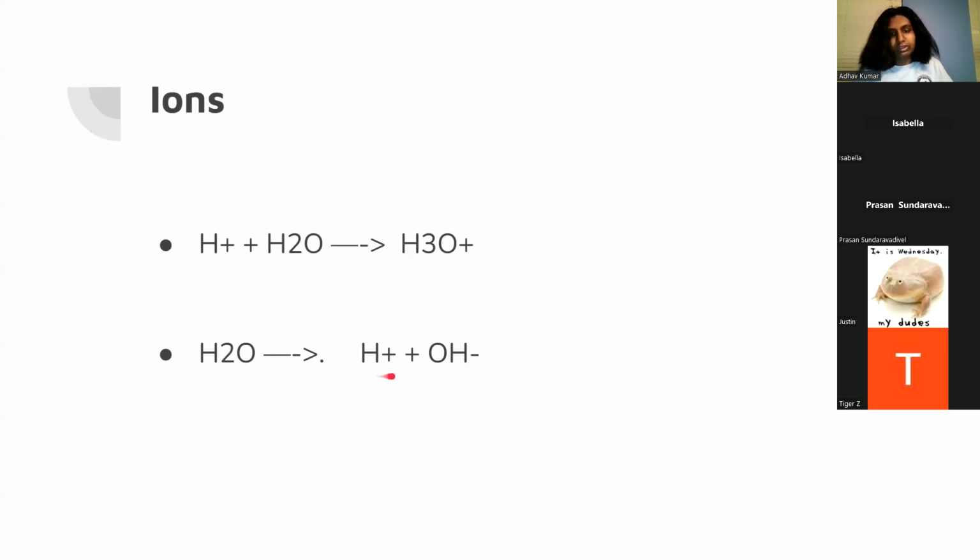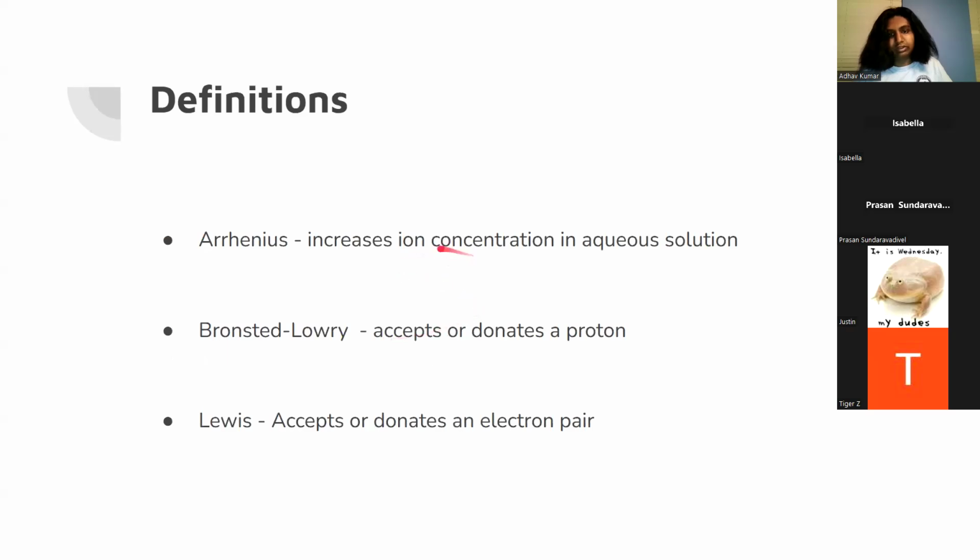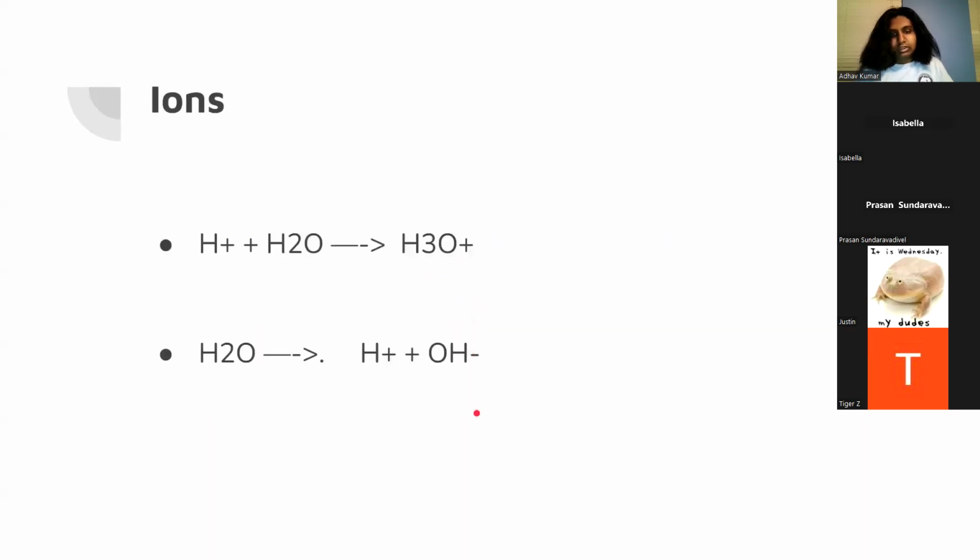Notice that when the water decomposes into these two, it will increase the ion concentration. But notice that it increases the ion concentration in equal amounts, right? If water dissociates, or splits into H plus and hydroxide, then you're increasing the ion concentration of both H plus and hydroxide equally.